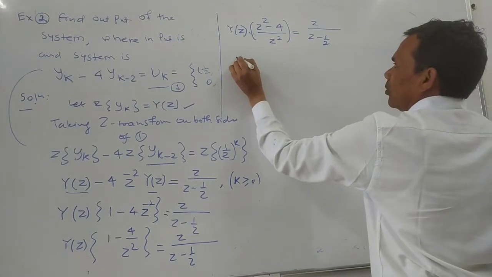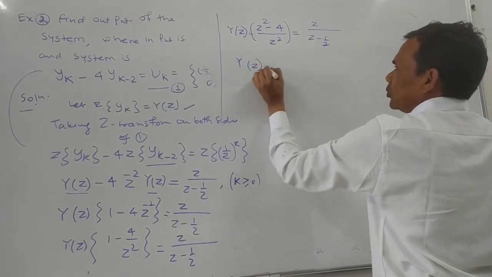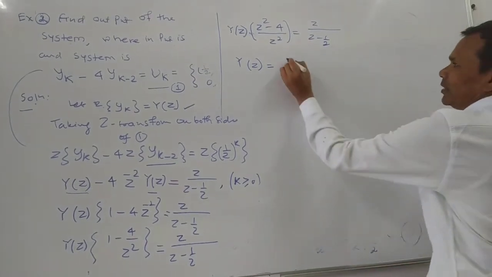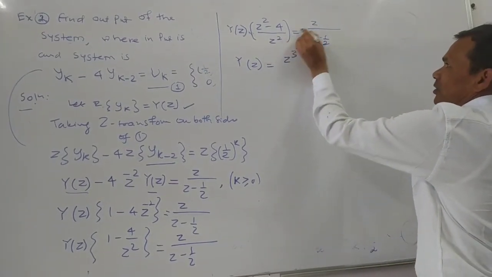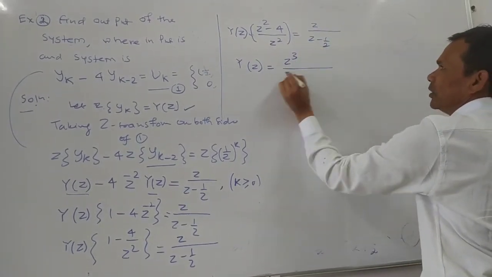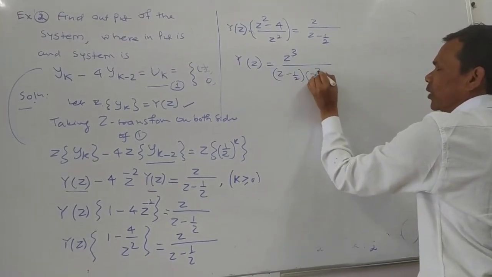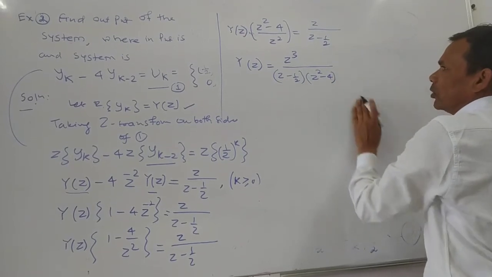Transposing this term to the right hand side, y of z is equal to z cube divided by z minus half and z square minus 4.